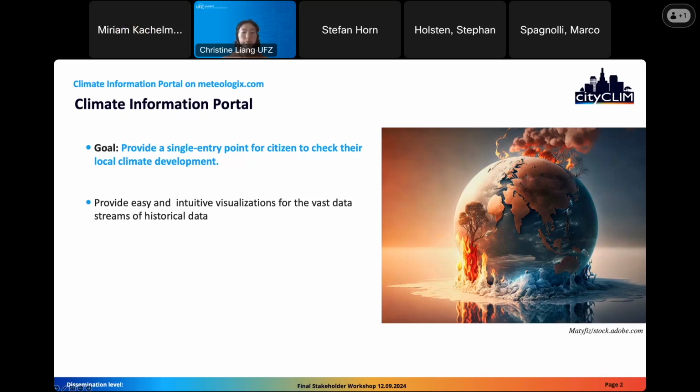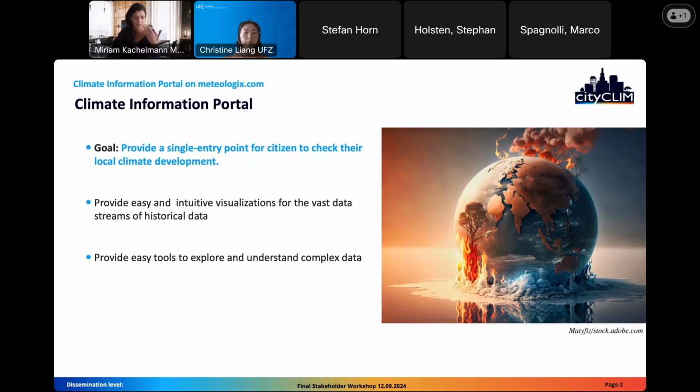And that's why one of the goals in that project was also to provide the beginning and the foundation of a climate portal that will be free and accessible for everyone, and makes it easy to access vast amounts of data, in some cases even decades of measurements, with one click, and then visualized in a format that is understandable even for people who don't have a meteorological background or a strong climate research background. And that is what we did here.